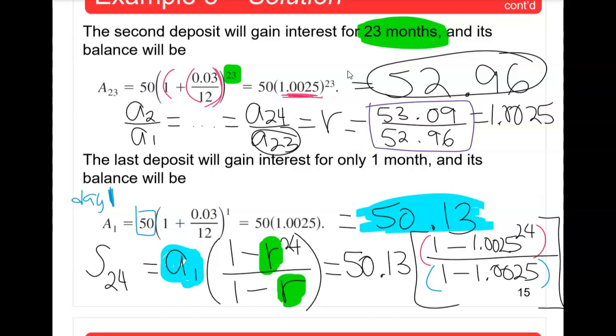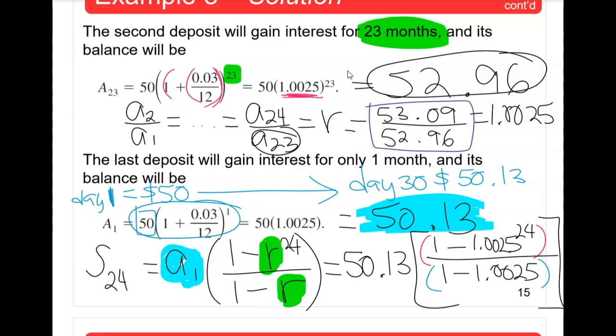So from day 1, it was equal to $50, the deposit. But then after, let's pretend there was a month with 30 days. After day 30, that money was already 50.13. So because the payment is at the beginning of the month, it still has all those 30 days to accumulate interest. And that's why A sub 1 is not just 50, but it's 50 plus the accumulated interest, which is actually represented by the common ratio.